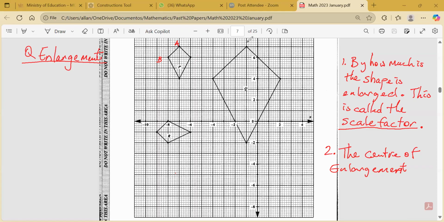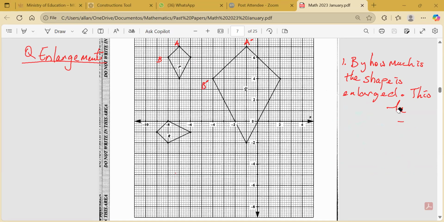And let's call this A prime, B prime. So to find the scale factor, which is the first one, let me erase here. To find the scale factor, we're going to look at the corresponding sides.